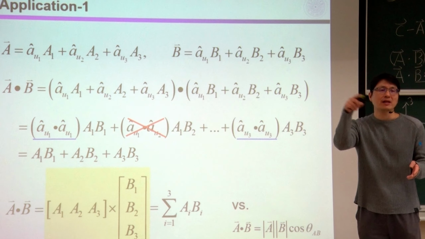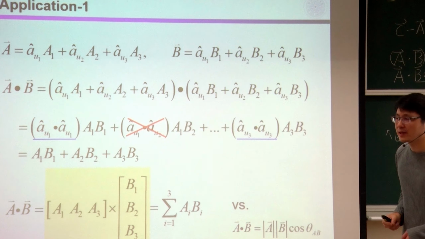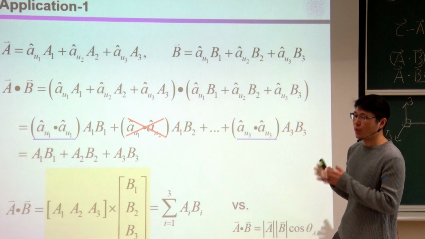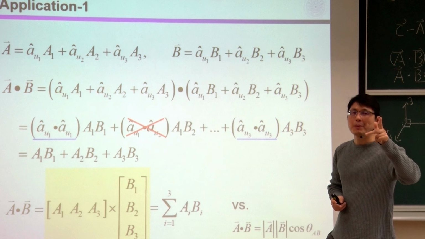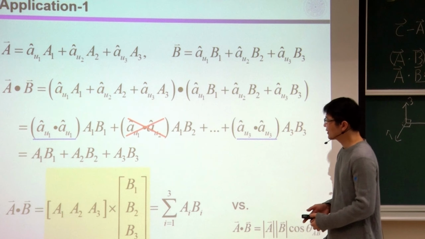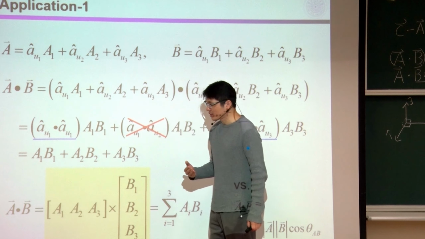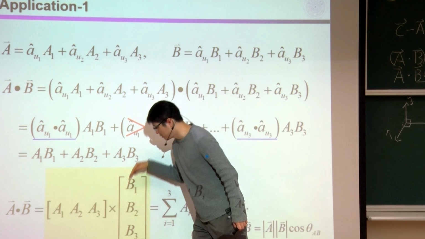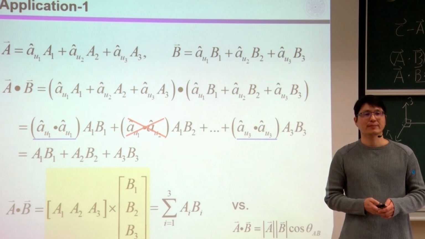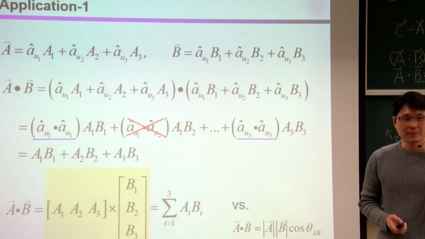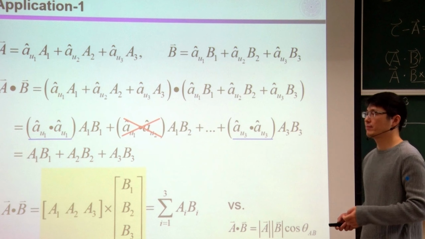You don't really need to draw these two vectors out. You can just do direct calculation based on the knowledge of orthogonal coordinate systems having three unit vectors that are perpendicular to each other. So a more fancy way of writing A dot B using orthogonal coordinates is A times B in matrix form. Then you have A1 B1 plus A2 B2 plus A3 B3.